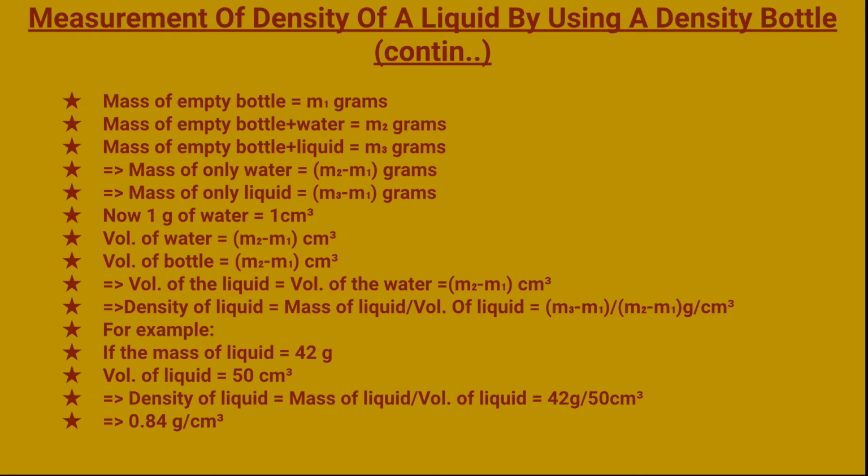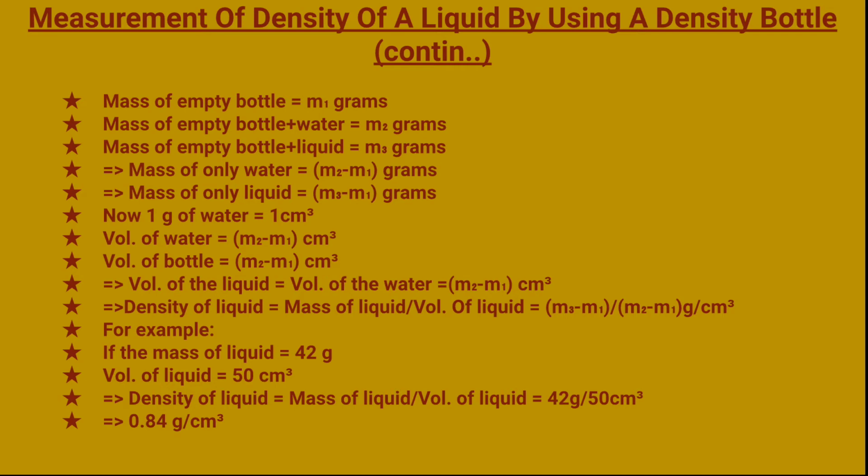So the mass of only water will be m2 minus m1, that is the empty bottle plus water minus the empty bottle. And the mass of only liquid will be m3 minus m1. Now 1 gram of water we know is 1 centimeter cube.